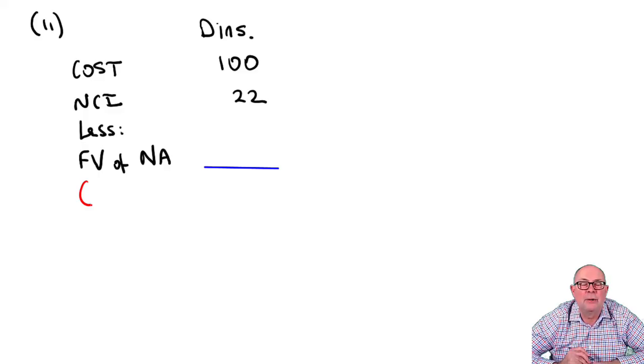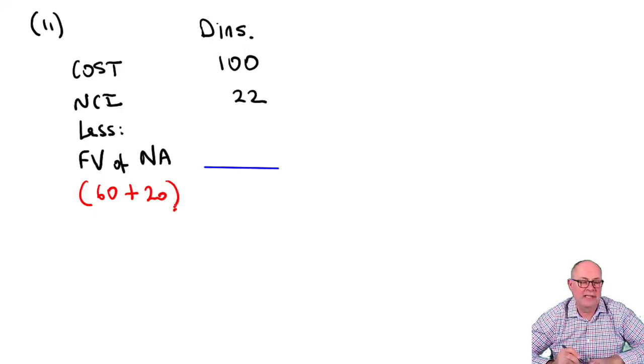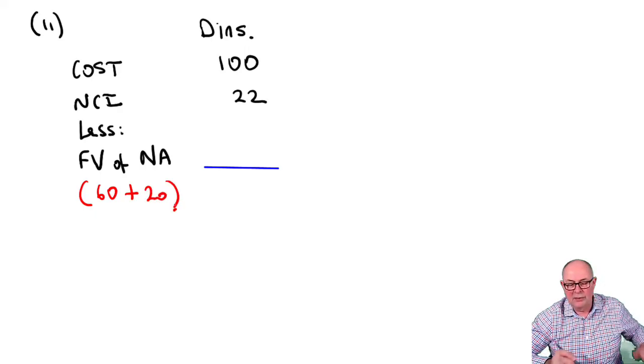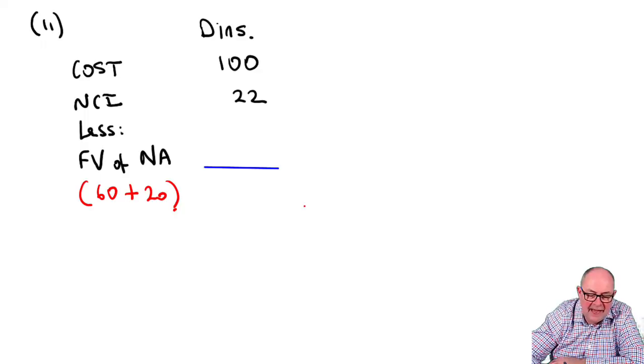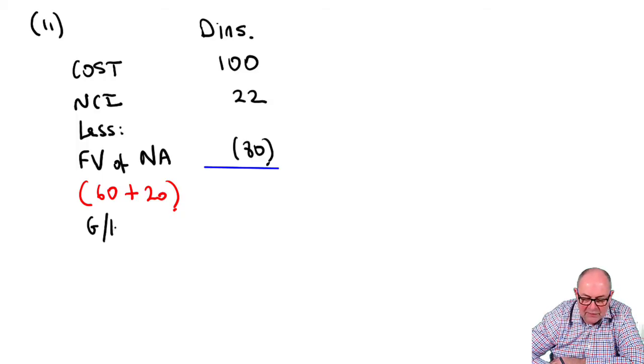The carrying value of the net assets was 60. The fair value adjustment, which they've given to us for the building, is an extra 20. So that means at fair value, the net assets are 80. That gives you the value of the goodwill on the day I took the business over.